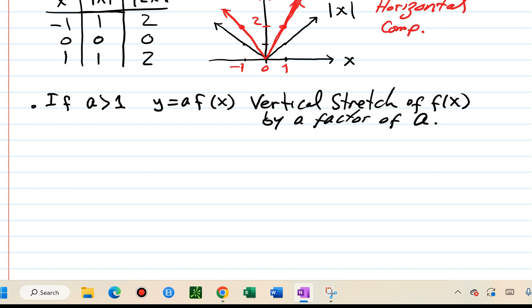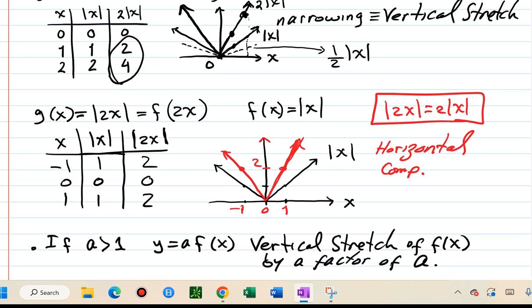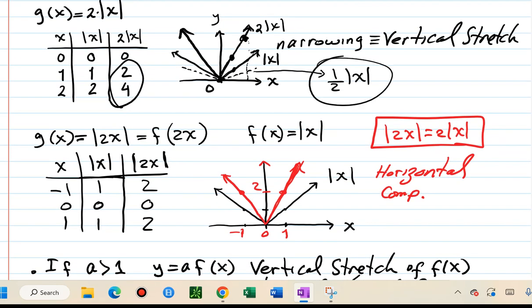And what if a lies between 0 and 1? I didn't plot it, but there you go. That's between 0 and 1. Notice how the absolute value seems like those branches, the sides are flattening, they're opening up or flattening.